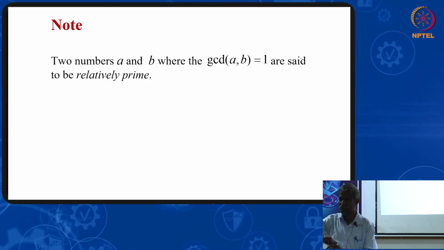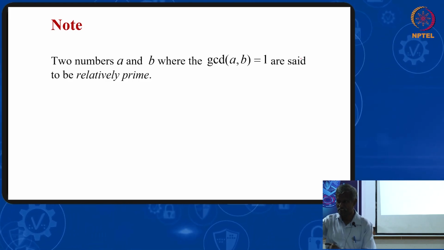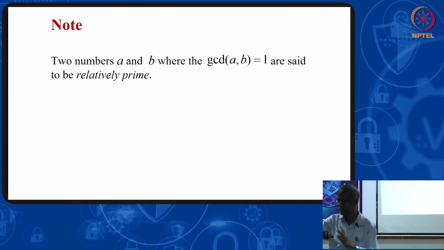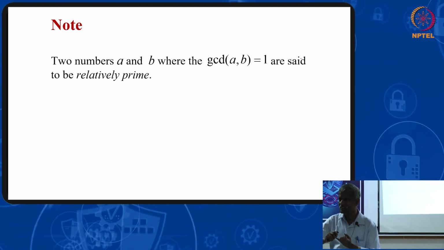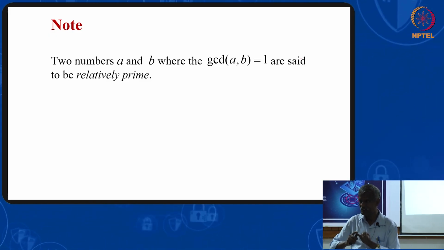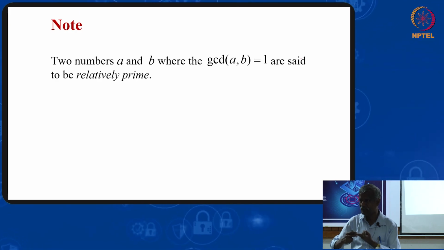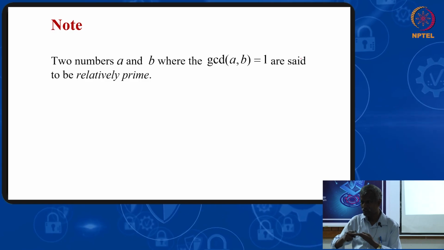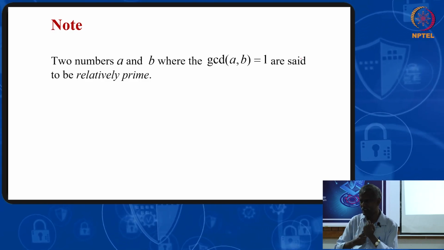For example, how many numbers are less than 7 and relatively prime to 7? What are the numbers relatively prime to 7? 1 and 7 are relatively prime. 2 and 7 are relatively prime. 3 and 7 are relatively prime. Then 4, 5, 6, up to that number.